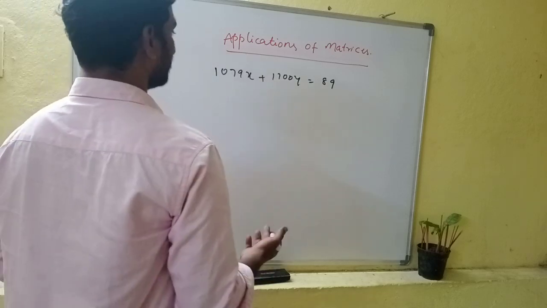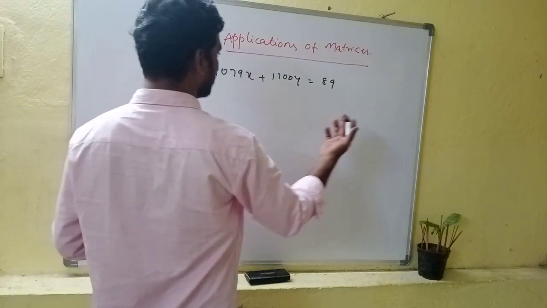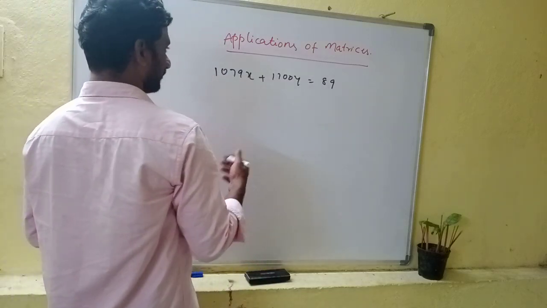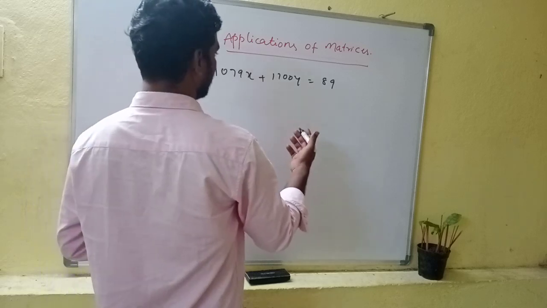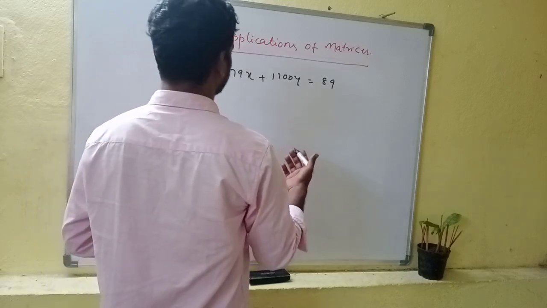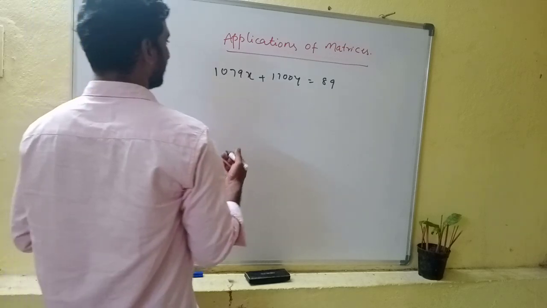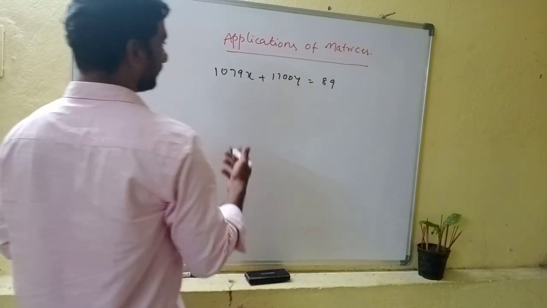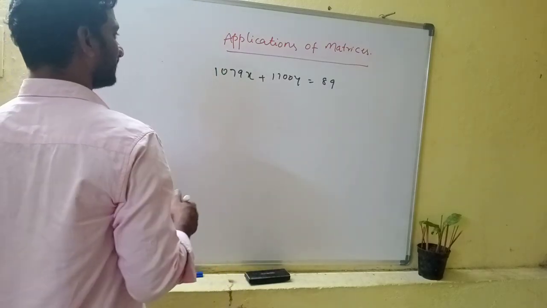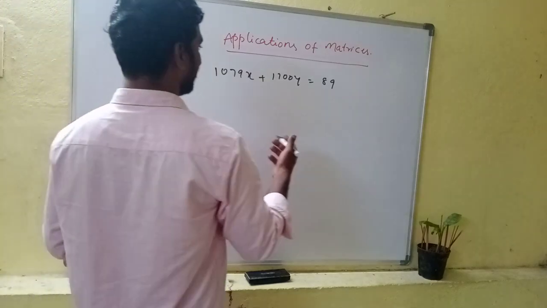We don't know the solution. To find the solution for this in a systematic way, it will take much time. But if you try to solve this using matrices, it will be much easier.